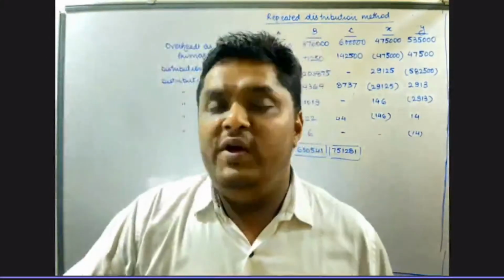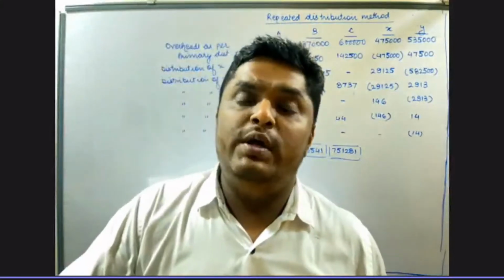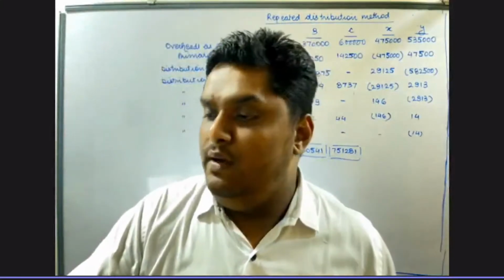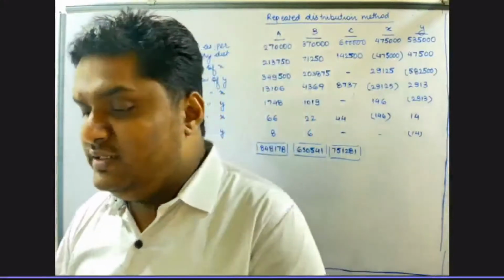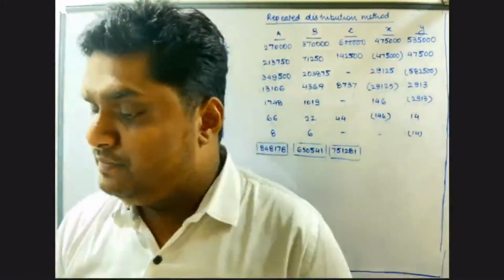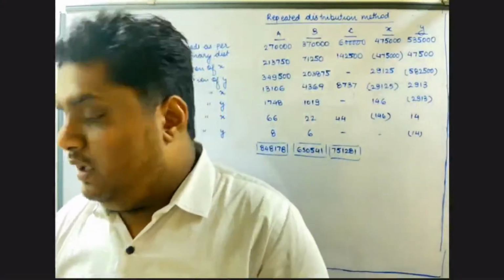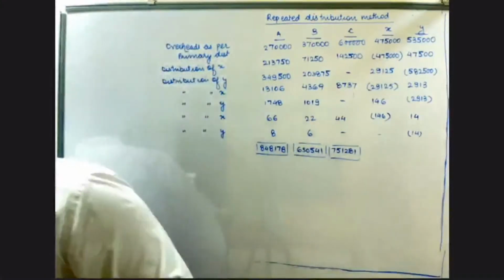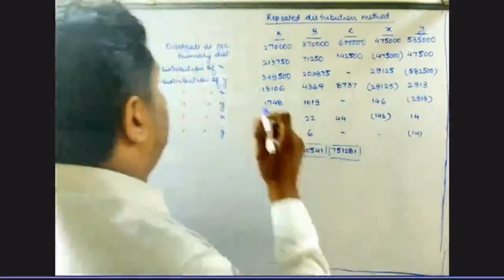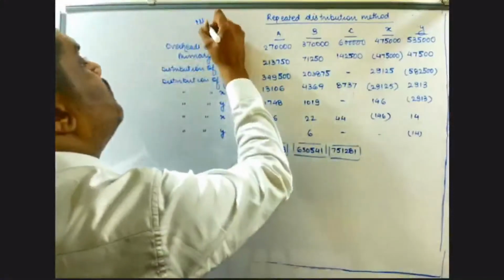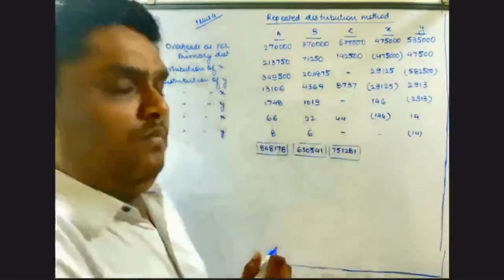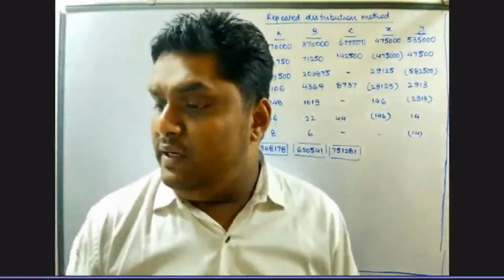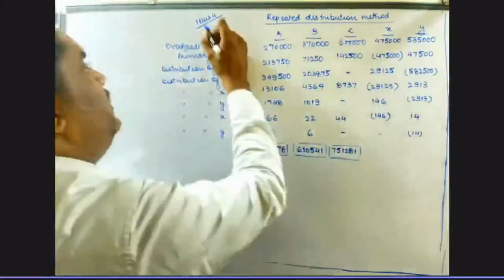Whatever figure remains last will be distributed only to the production departments. I am discussing the same question, that is illustration number 4, using repeated distribution method, page 4.22.